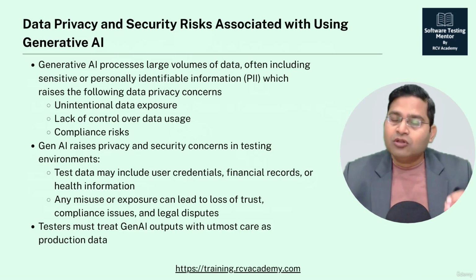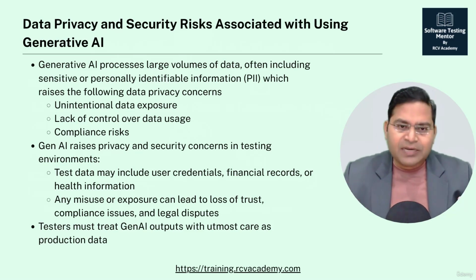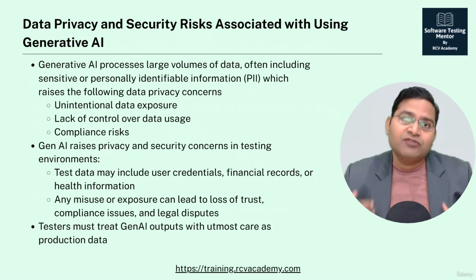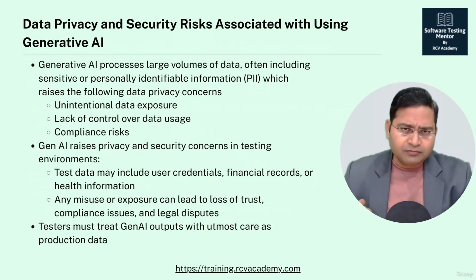Then Gen AI also raises privacy and security concerns in testing. For example, in the test environment, test data might include user credentials, financial records, or health information, if you have worked in the financial industry, in banking. So you have the production data.